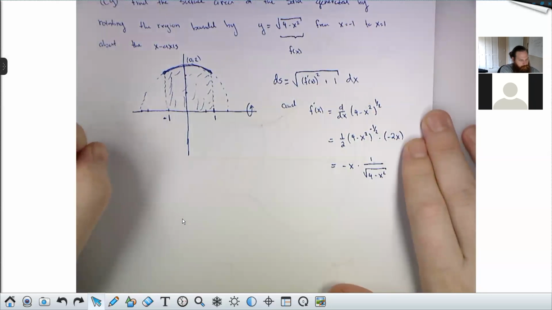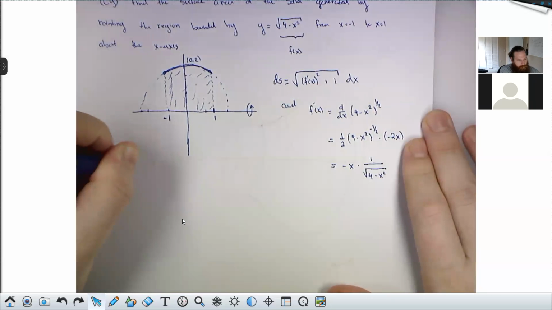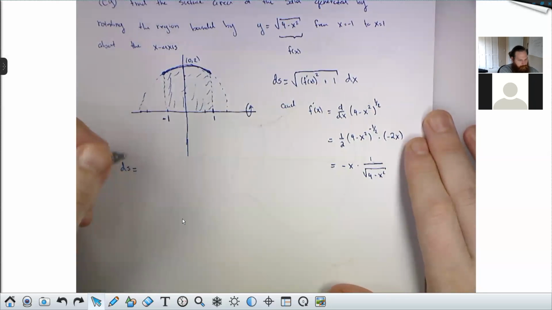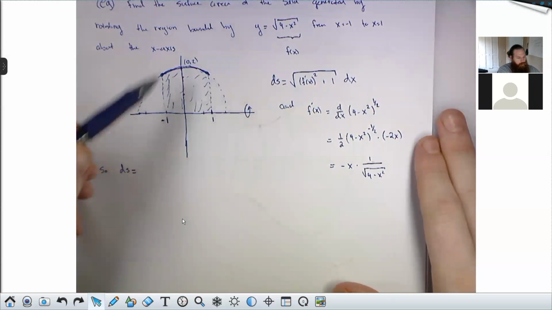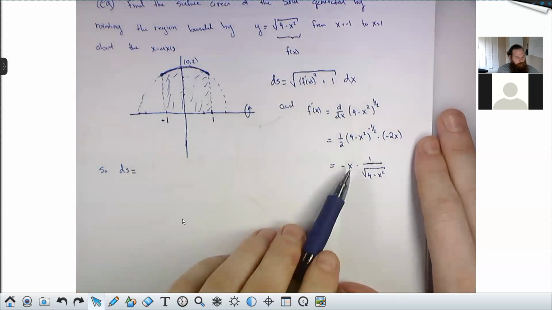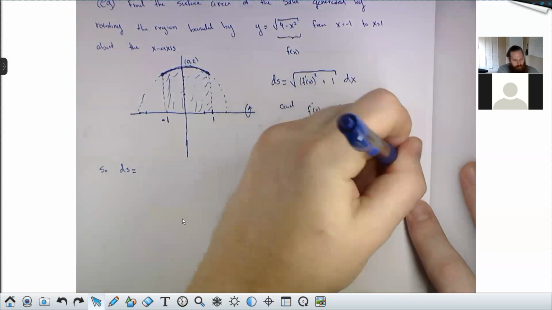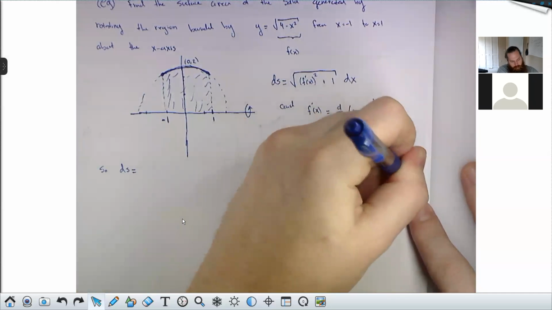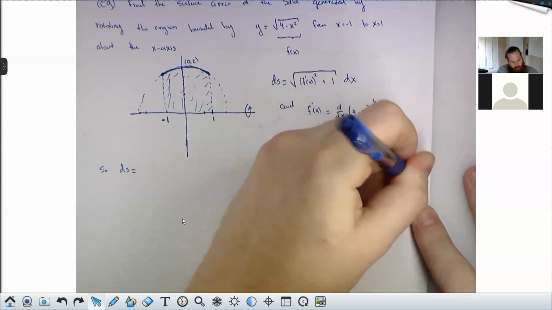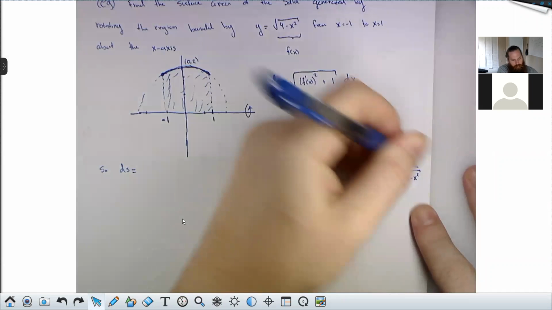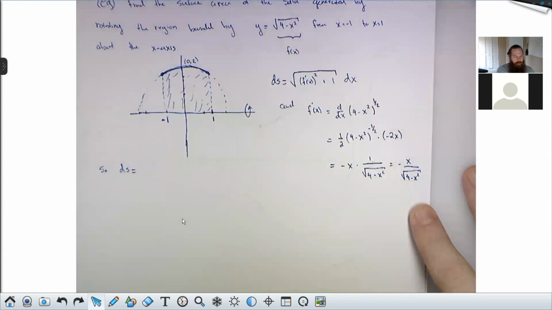So ds is the square root of this squared plus 1. Maybe I'll rewrite this as -x over the square root of 4 minus x squared, just to make it a little bit easier to plug into this formula.